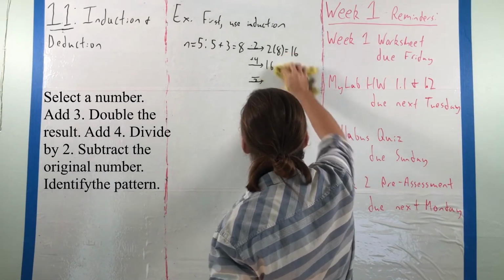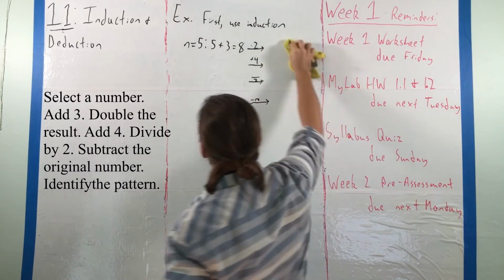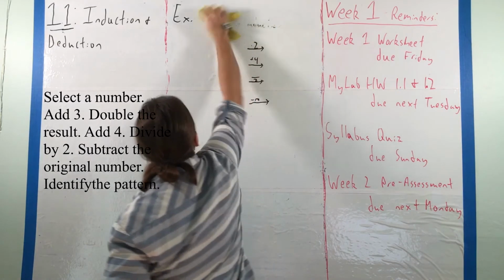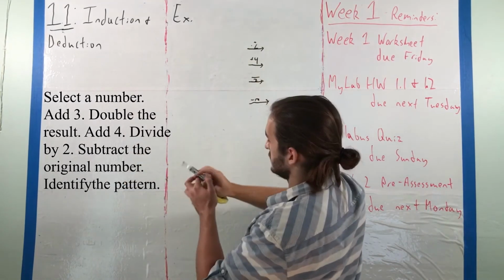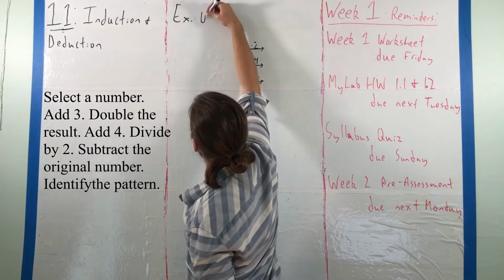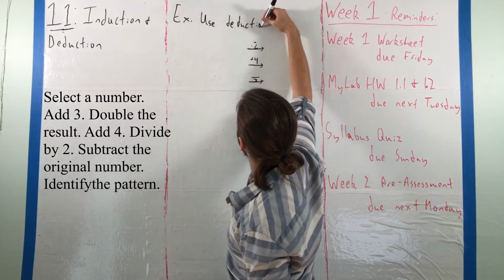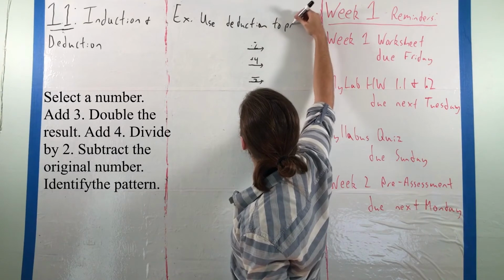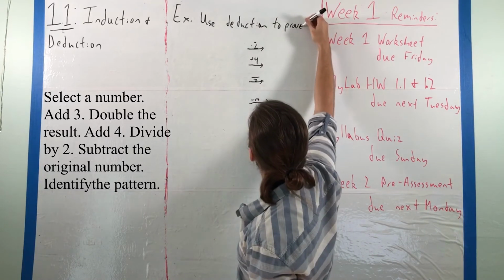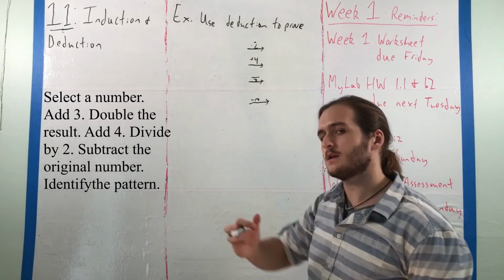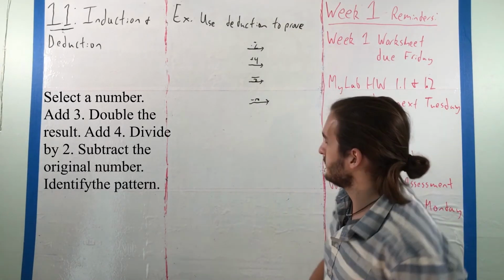And now that we've tried induction to give us an idea, let's use deduction to prove our idea. Now our goal in this case is to prove that if we plug in any number, we'll always get 5 back.